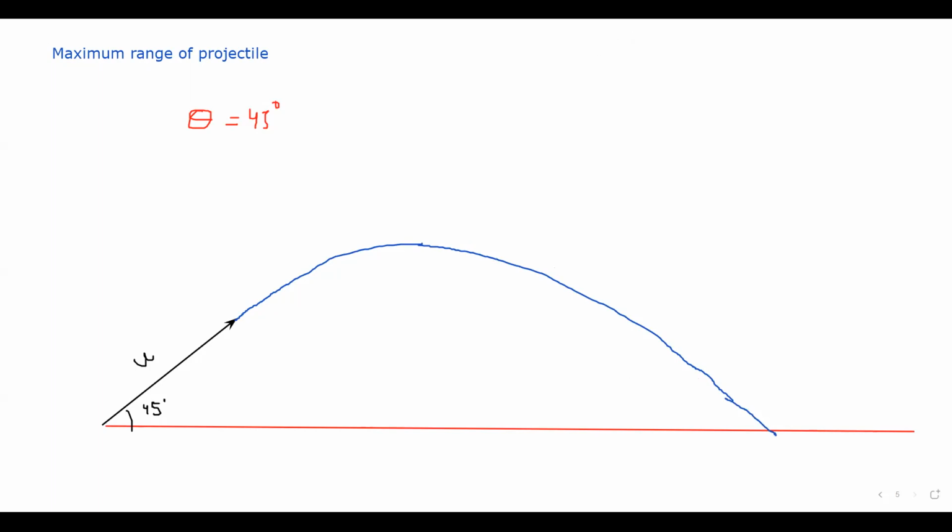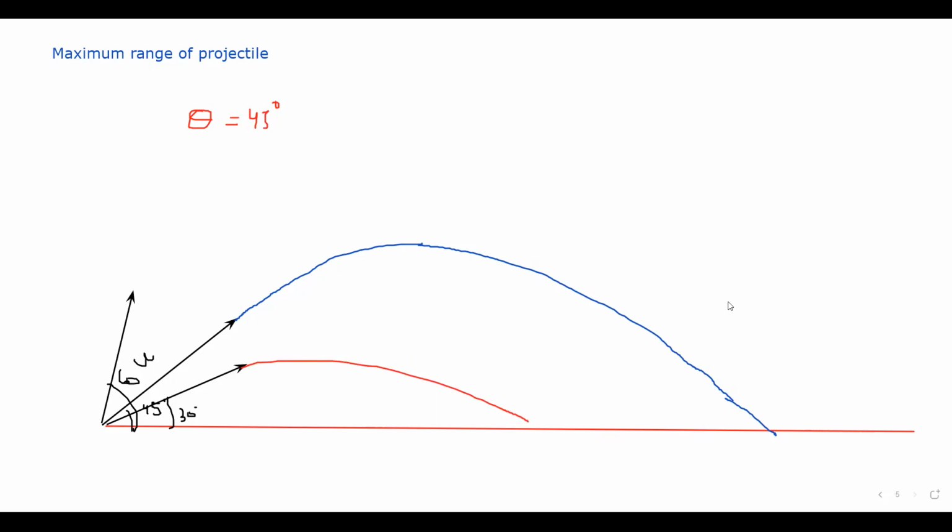But if we launch the same projectile with the same initial speed but a different angle, like 30 or 60, so a projectile is launched with an angle of 30 or it is launched with an angle of 60, what will we observe?